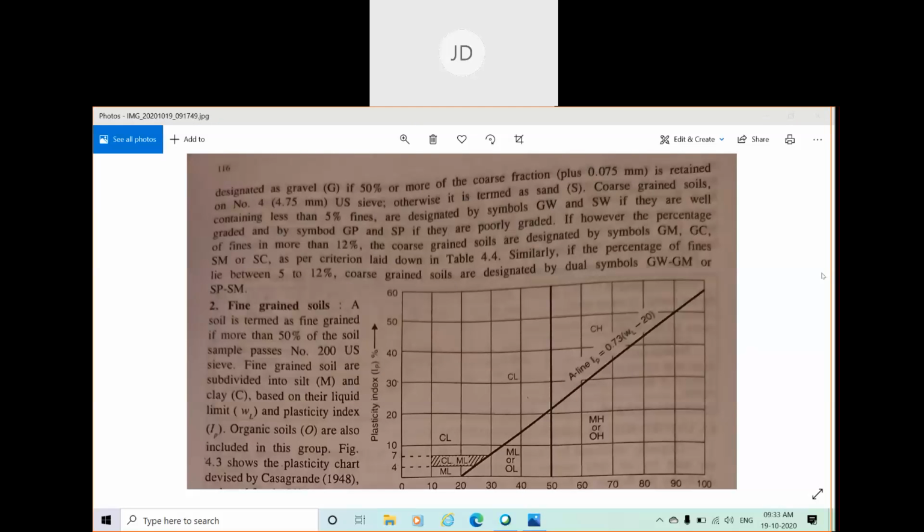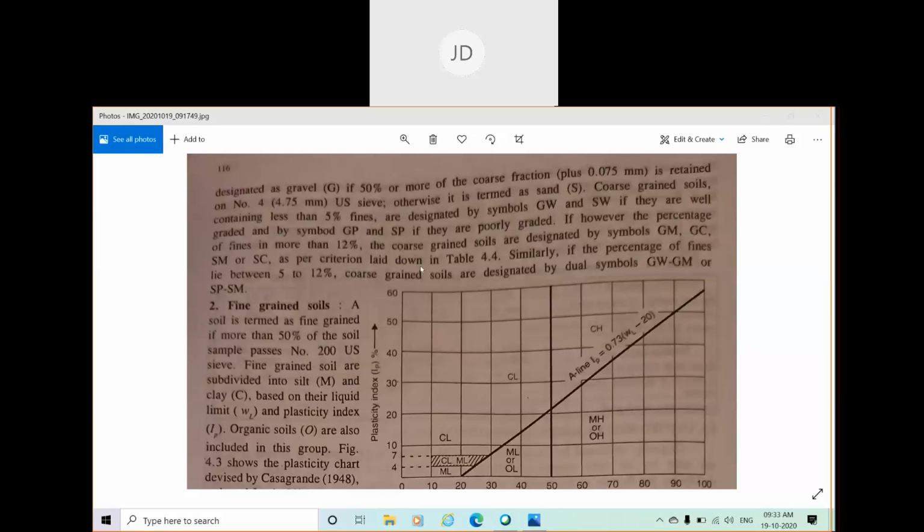One, if the coarse grained soil contains more than 12% fine grained soil, it is number one. Number two, if the coarse grained soil contains fine grained soil less than 5%. And the third one is what?